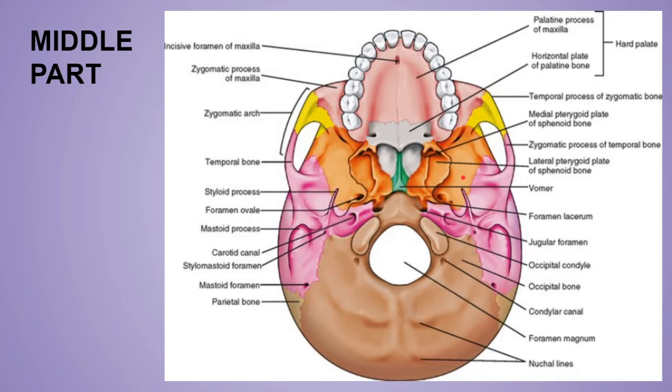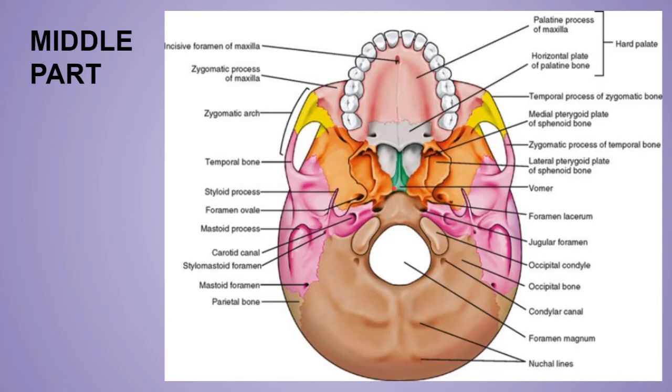Now we will divide this middle part into two further parts for our convenience to study, that is the median and the lateral parts. First of all, the median part. Remember, the median part contains two main things: the posterior border of the vomer bone, the green part here, and the broad bar of bone formed by the posterior part of the sphenoidal bone and the basilar part of the occipital bone.